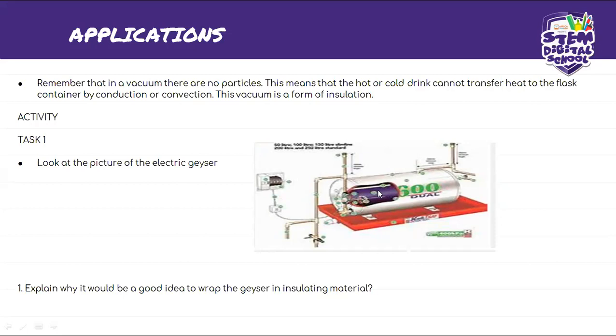Now the water is hot. So what happens if this geyser is not properly designed? The hot water will become cold. Now, this is the question: explain why it would be a good idea to wrap the geyser in insulating material. Now, send in your thoughts or your answers so that we can proceed. All right.